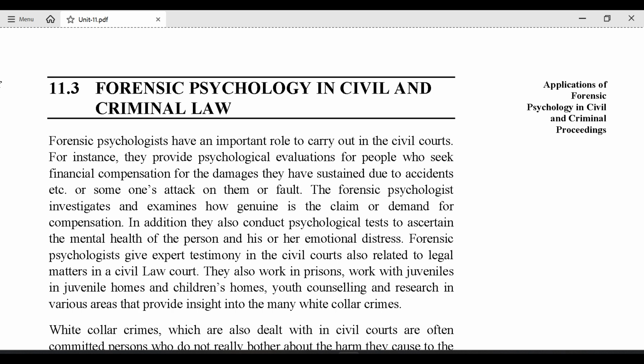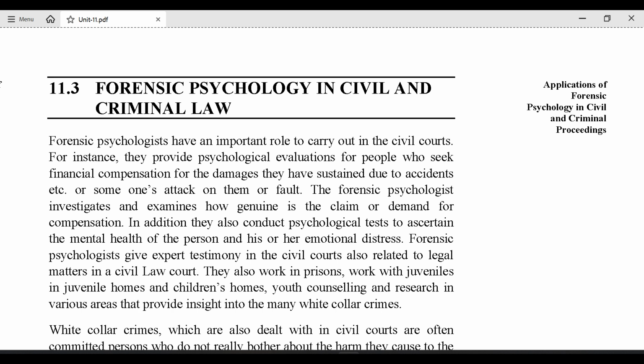11.3 Forensic Psychology in Civil and Criminal Law. Forensic psychologists have an important role to carry out in the civil courts. For instance, they provide psychological evaluations for people who seek financial compensation for the damages they have sustained due to accidents, etc., or someone's attack on them or fault.